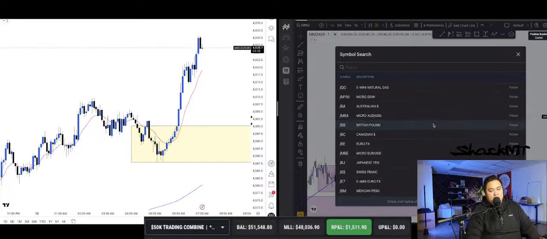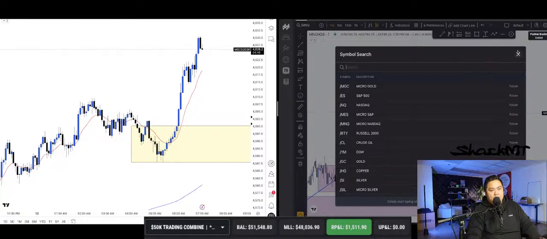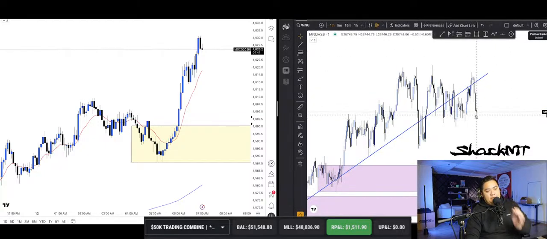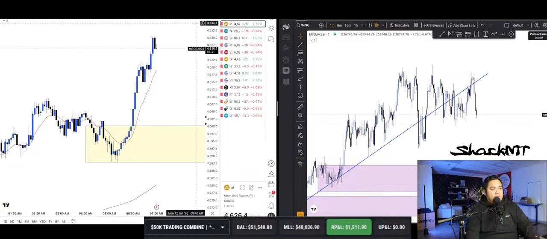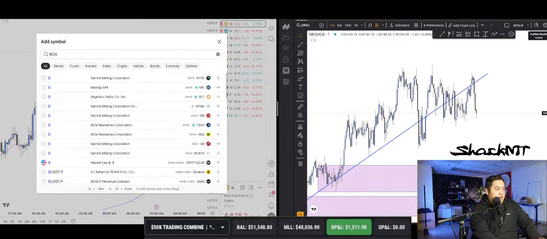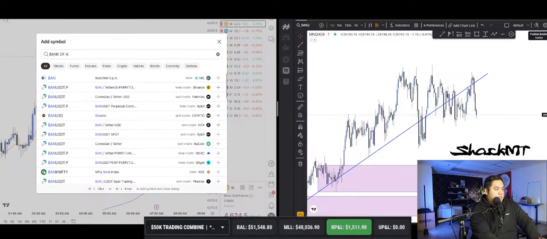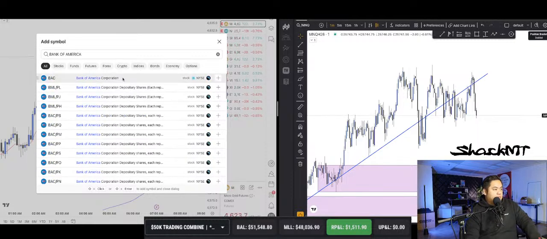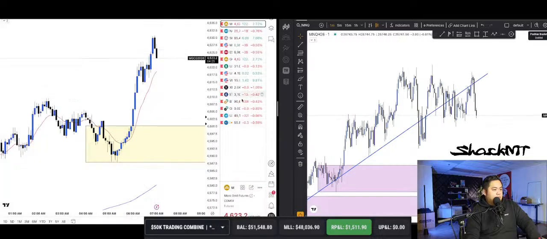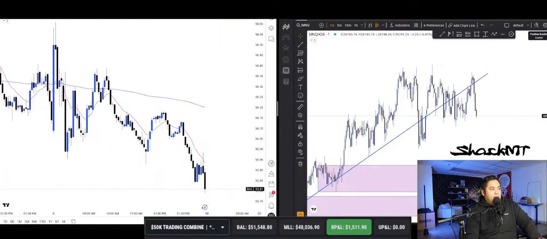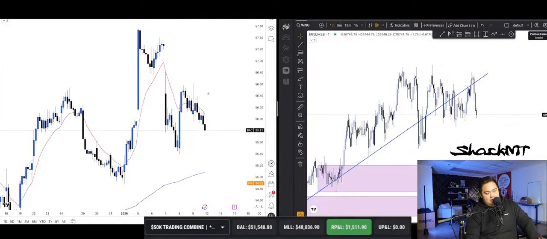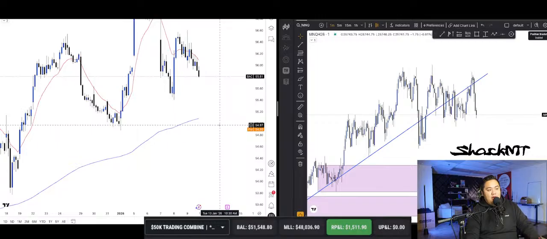I can only look at futures here on TopStep X. But yeah, I'm going to look at Capital One, or let me look at Bank of America. Holy cannoli. Dang, pre-market on Bank of America gapped down horribly.